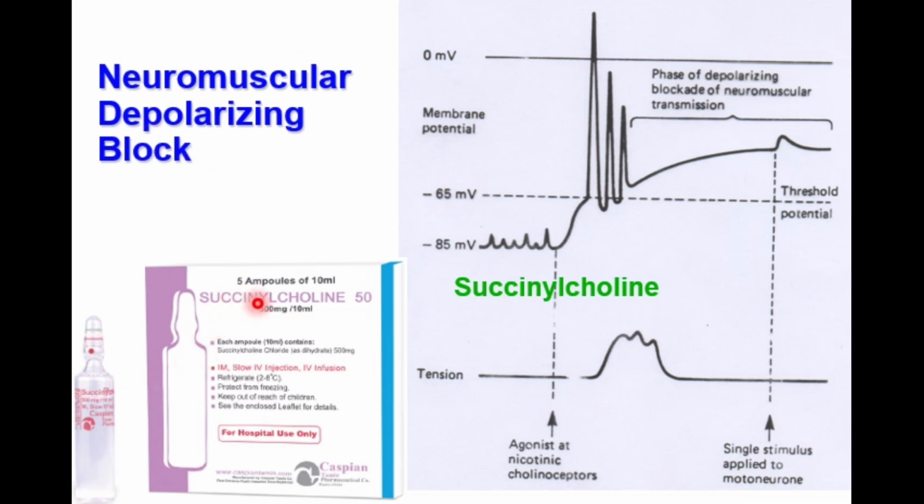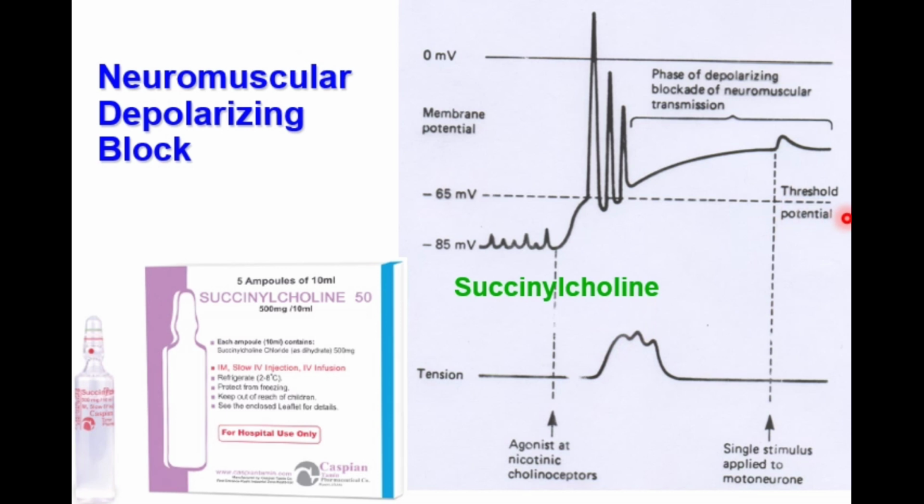Therefore, injection of succinylcholine will initially produce twitches of individual fibers called fasciculation. This is due to the early phase of action potential firing.